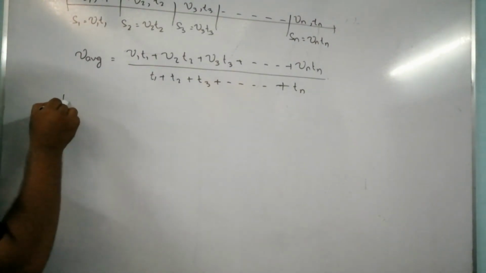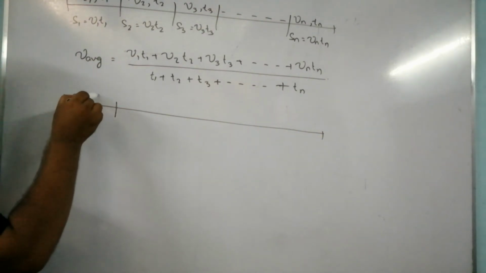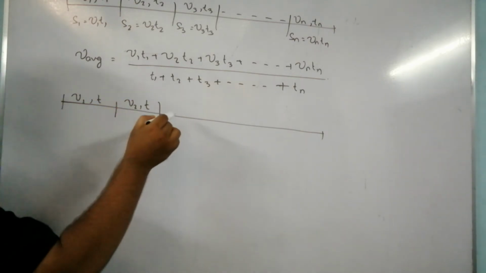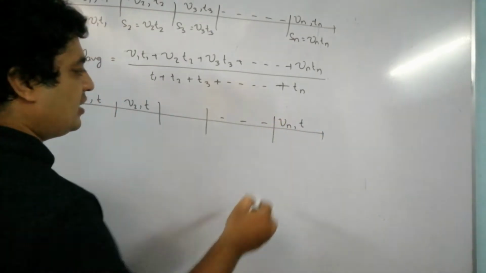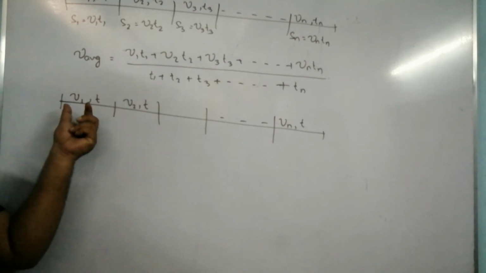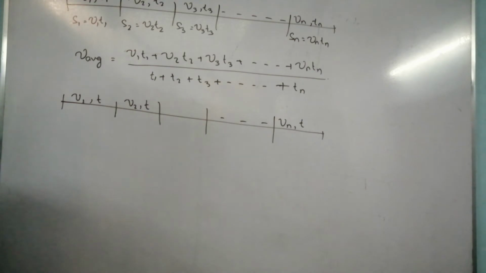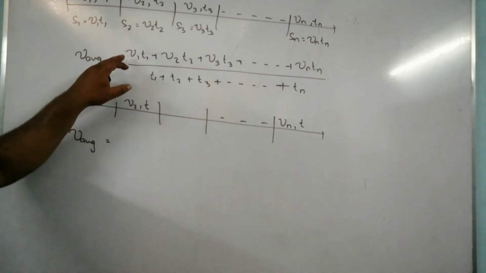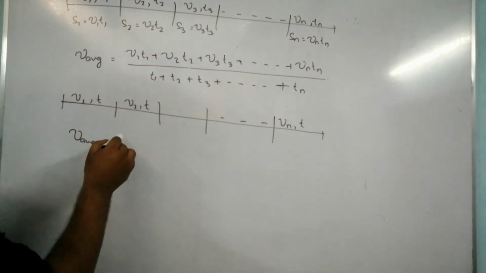Now if the particle moves with speed v1 for time t, v2 for time t, like that up to vn for time t. That means the particle or the object moves with different speeds for equal intervals of time. Then the v average will be v1t plus v2t plus v3t up to vnt.